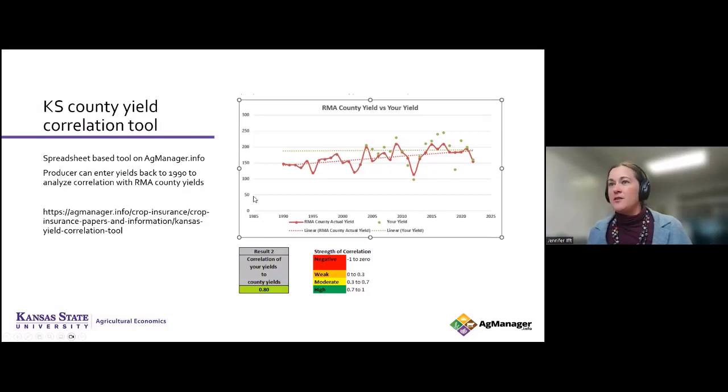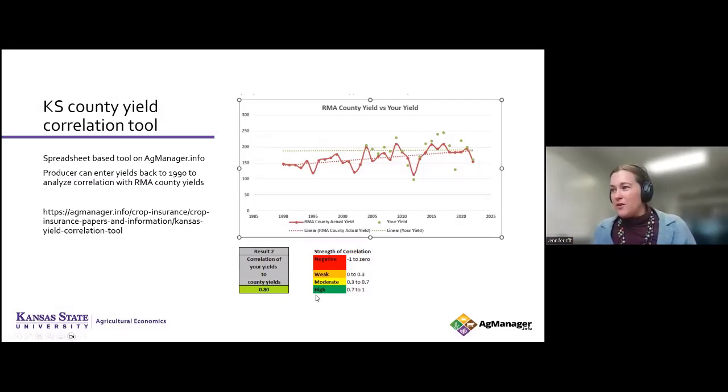If you enter your yield information, it's going to show how your yields compare to the RMA county yields. We're going to show that visually in a graph, and we're also going to show the level of correlation. It's not necessary that your yields are the same; that's not what correlation measures. It's when they change, do they change as much and in the same direction?